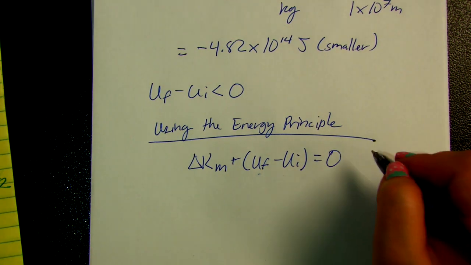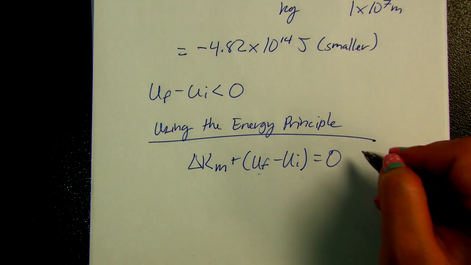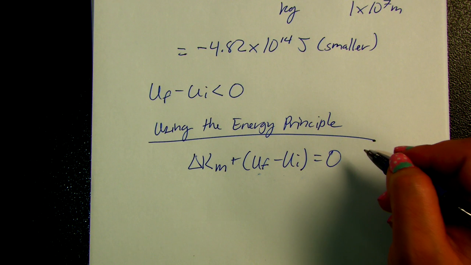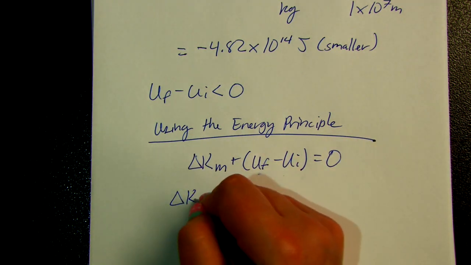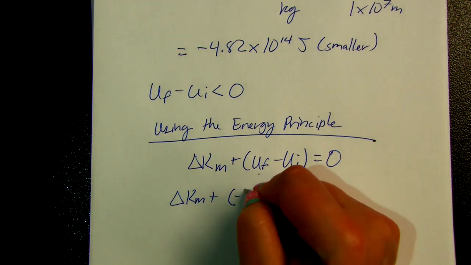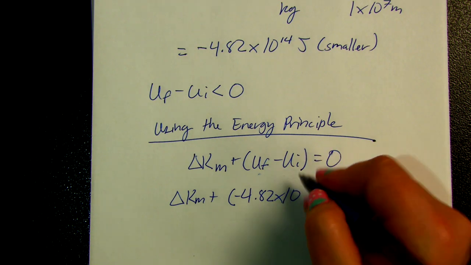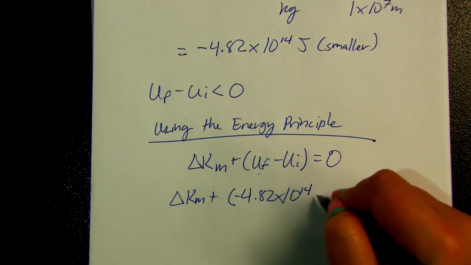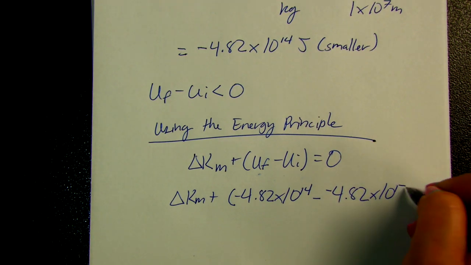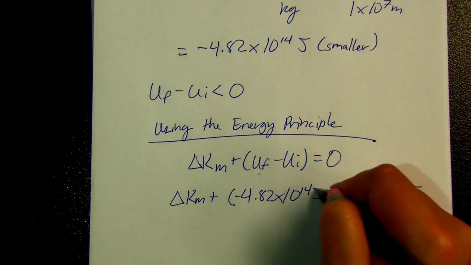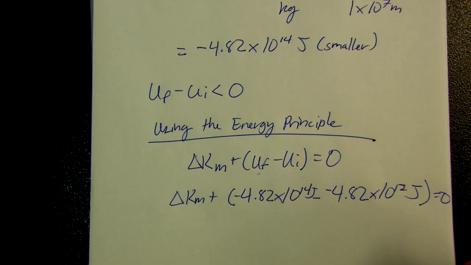Once again, we're assuming that the Earth is not going to have a change in kinetic energy, and we went ahead and just said we already know rest masses don't change, so 0. Okay, so delta K meteor plus minus 4.82 times 10 to the 14 minus 4.82 times 10 to the 12 is equal to 0.